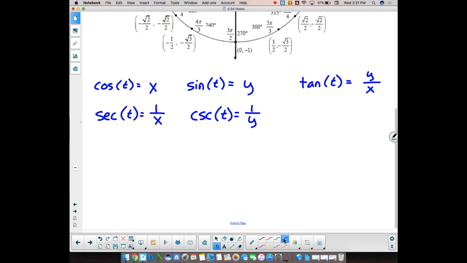That's right. Okay. And what's the one that goes with tangent? Cotangent. Okay. So all that stuff's going to be Monday, Tuesday, whatever day you have your form on.